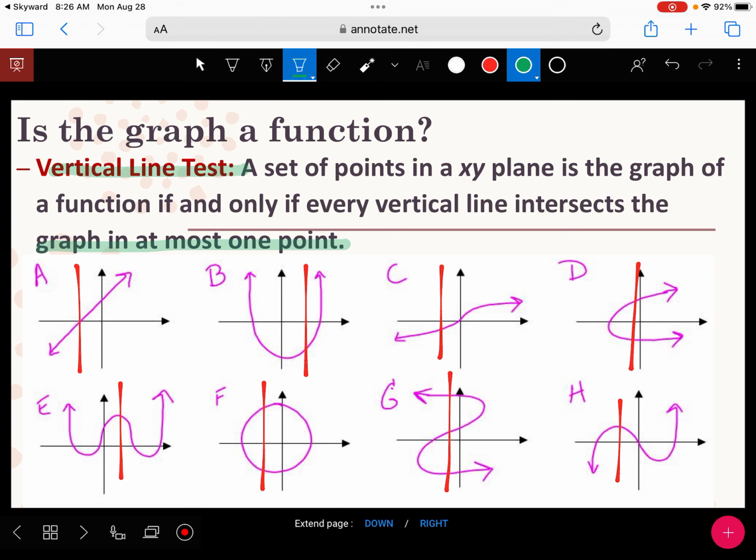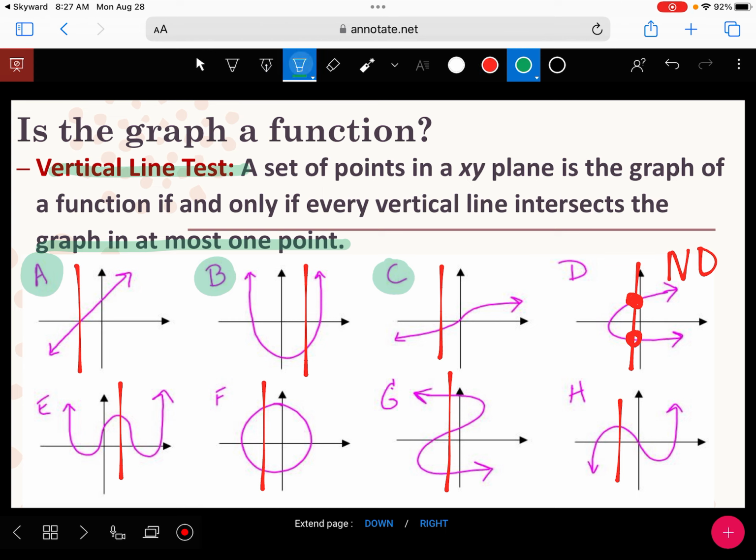So the ones that are functions would be A. What about B? Is B a function? What about C? Yes. D? No. So this is a no because that vertical line crosses through it in two places. So that's why that's a no. What about E?